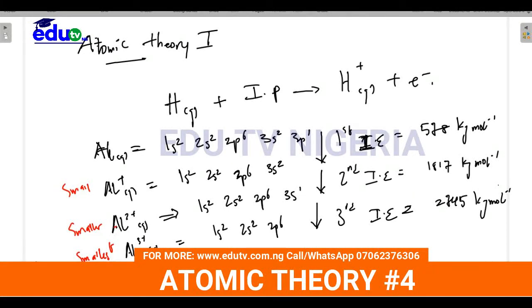The reason for the increase: this one is connected to this. To remove this one will be very, very hard, very difficult, so to form 2p6.